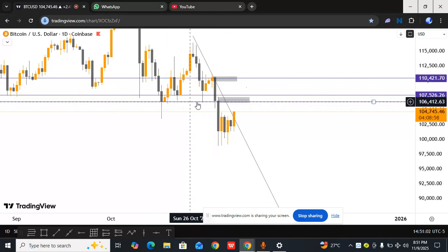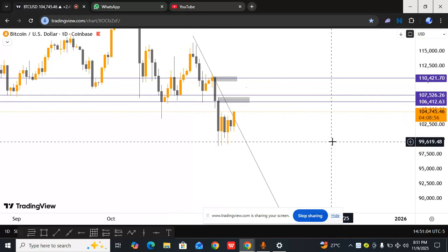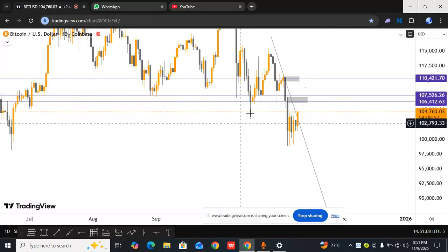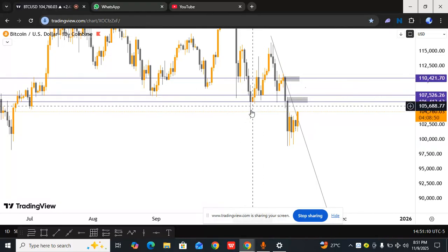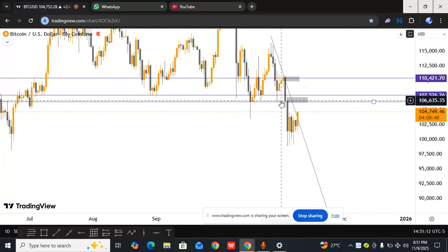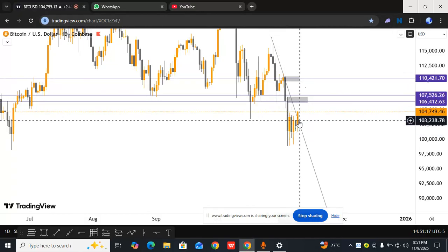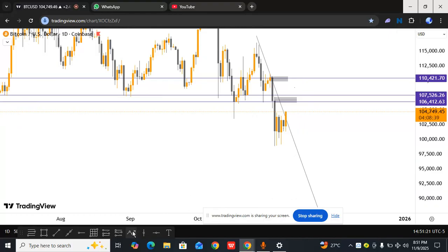Now, another reason why this particular zone between 107 and 106 is very strong is because if you take a look at this area over here, you can see that this is where price attempted to break from multiple times. Then we finally broke through. What I see is happening right now is more of a break and retest.